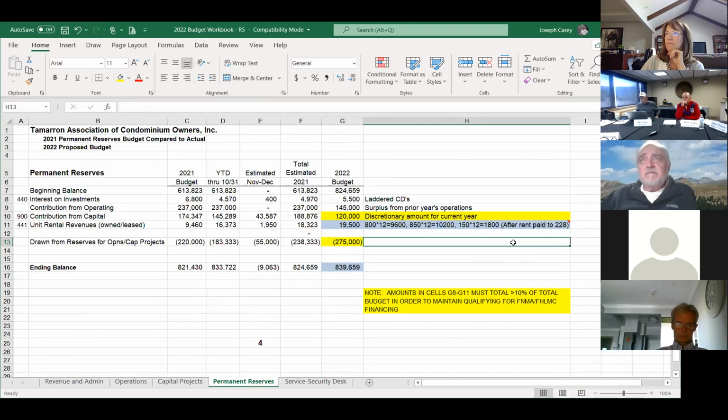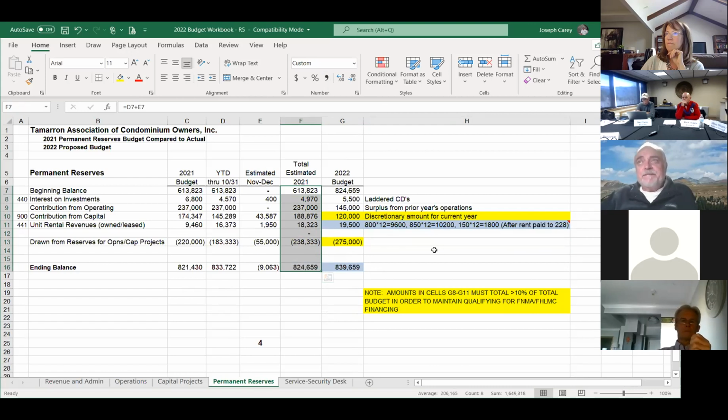So if you look at what we did this year, 2021, if I recall the conversations we had, and I know Eric was a driver of this last year, it was: let's get our reserves up. We only have 600,000, let's get it up there. So what we did is we budgeted and effectively raised our reserves over $200,000 in 2021, from 613,000 and change to 824,000 and change.